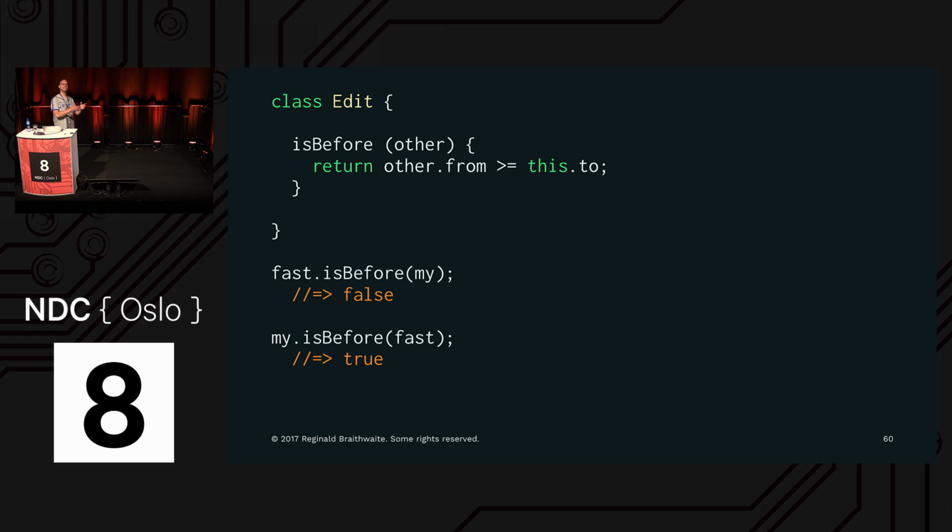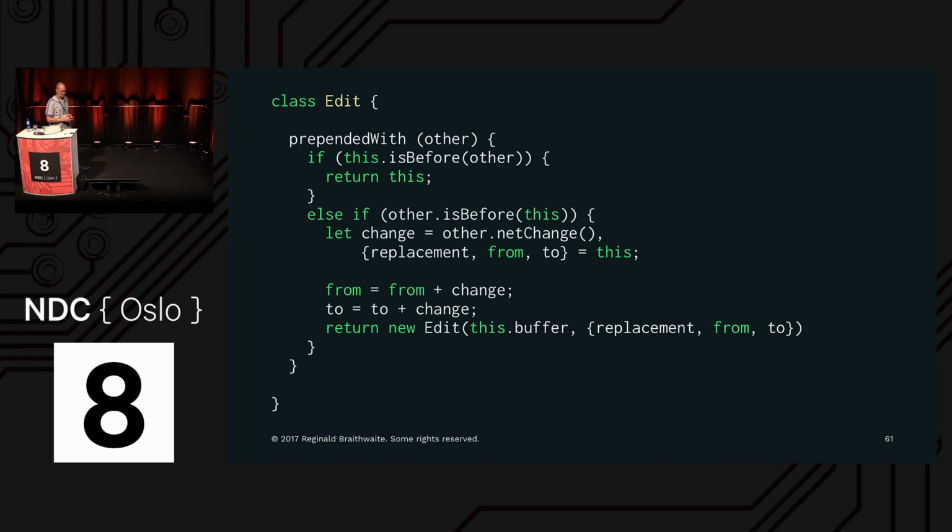By this I mean lexically before or after, which of course is very specific to an edit. If we know that, we can ask whether a particular command, what it looks like if it's prepended with another command.